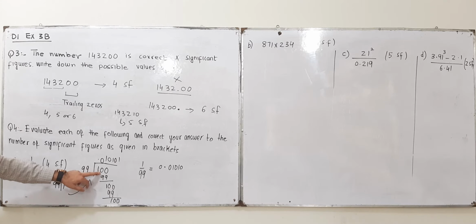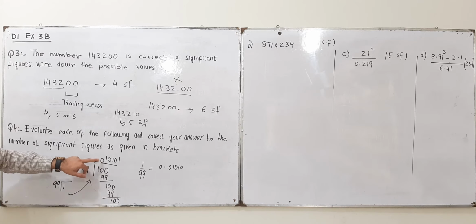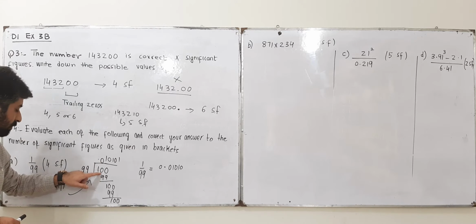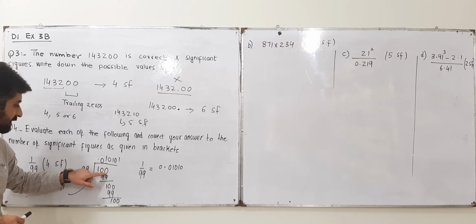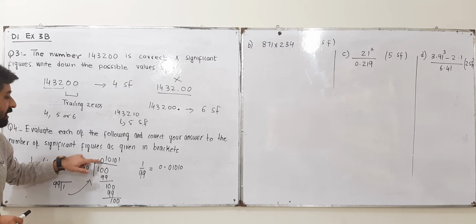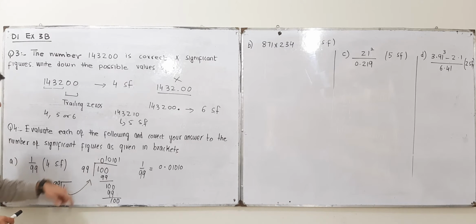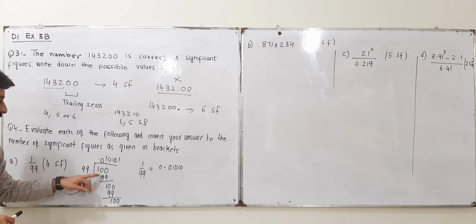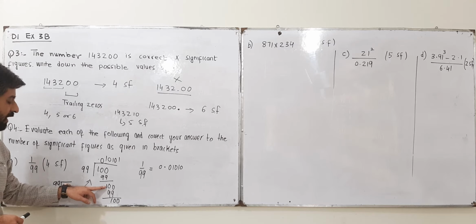It becomes 10. Still, this is less than 99. We need another 0. By inserting a second 0, you need to insert a 0 over here as well, because the decimal allows only one 0. It becomes 100. 99, 1 time 99, 100 minus 99 is 1.